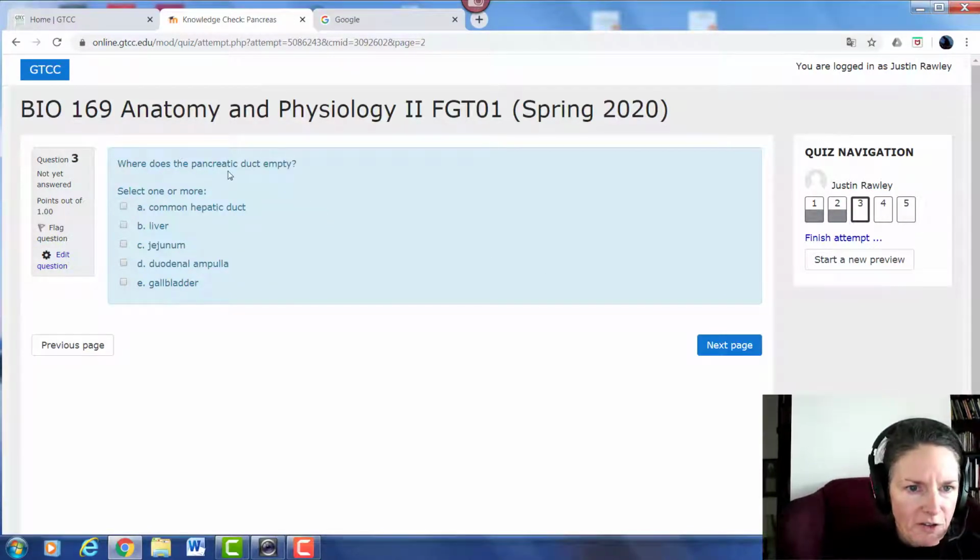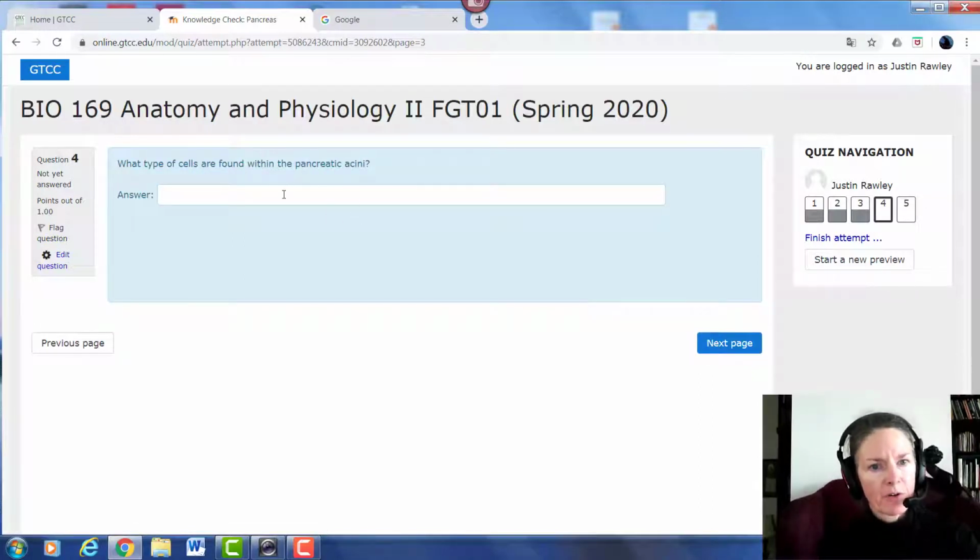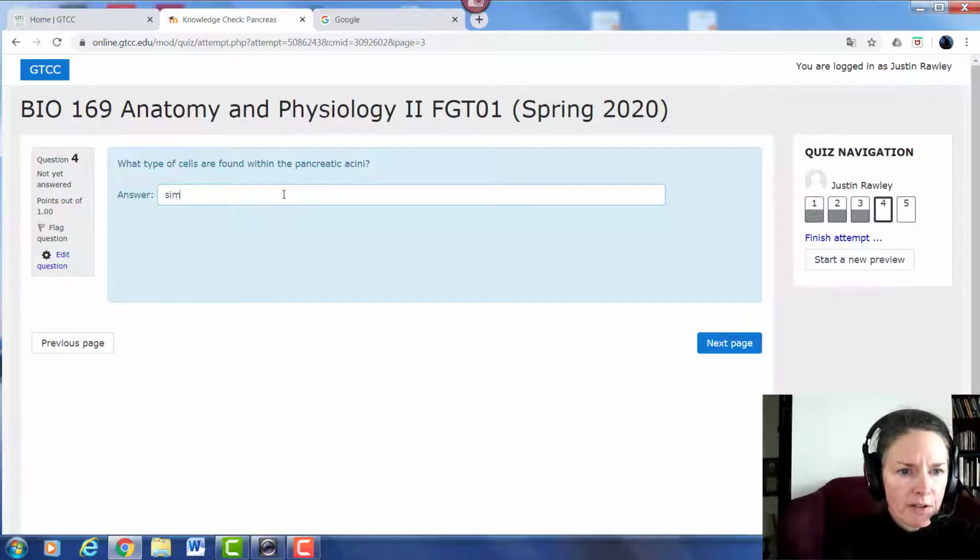All right, where does the pancreatic duct empty? Into the duodenal ampulla. All right, what type of cells are found within the pancreatic acini? Well, exocrine cells, but more specifically, simple cuboidal. This one may not have been obvious what the answer was looking for.